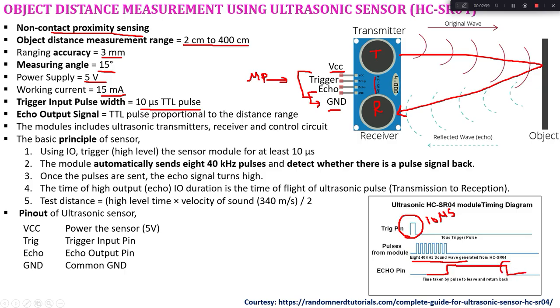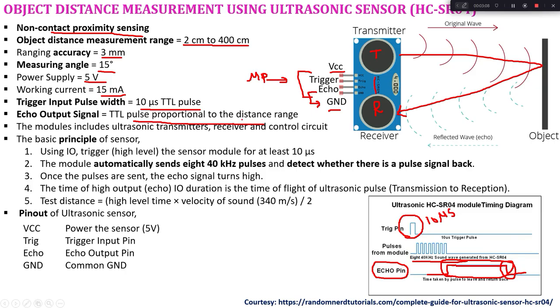This is the point where the pulse gets reflected and reaches your receiver. Until that time, the echo pin will be high. When we calculate this time, we can calculate the distance of an object. So the echo signal is a TTL pulse proportional to the distance range.